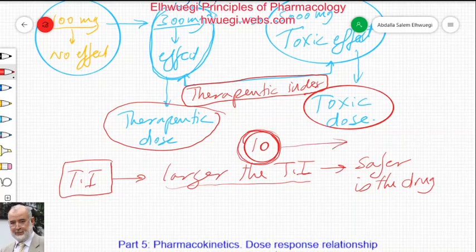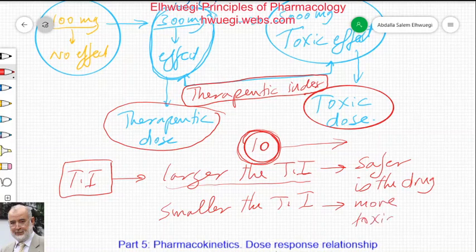For example, in this example, I have to take 10 tablets instead of 1 tablet to see a toxic effect. Okay? So, contrary, the smaller the therapeutic index, the more toxic is the drug. This is a very important application. Okay?